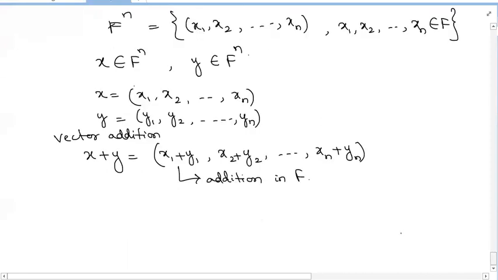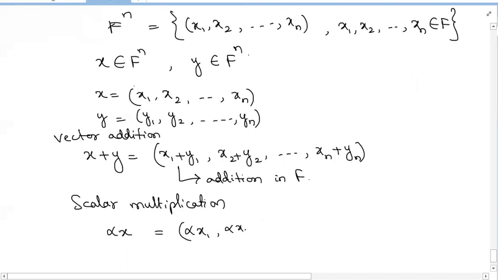Now scalar multiplication. What is the scalar multiplication? For alpha in F, alpha x equals (alpha x1, alpha x2, and so on, alpha xn).